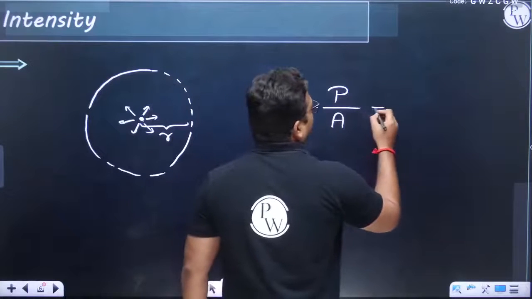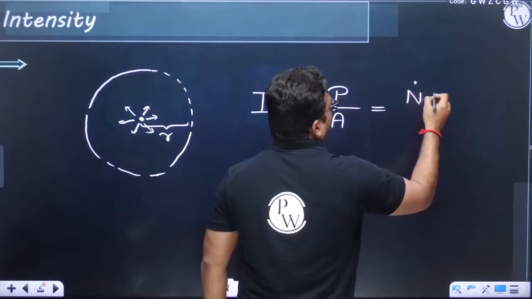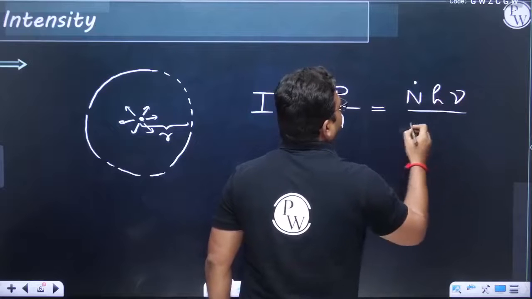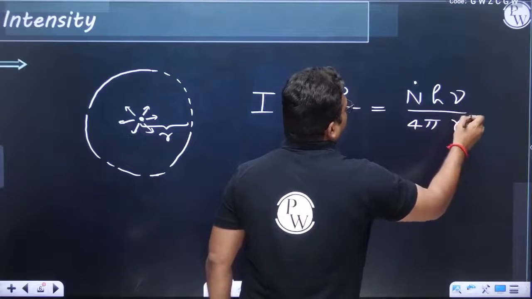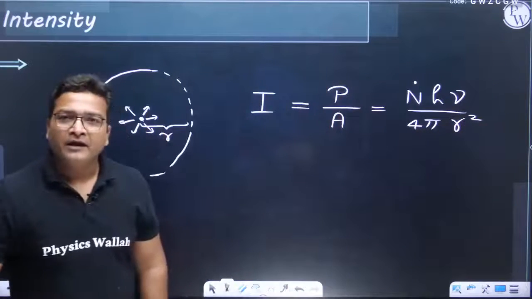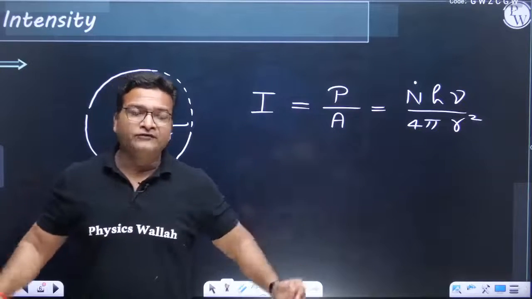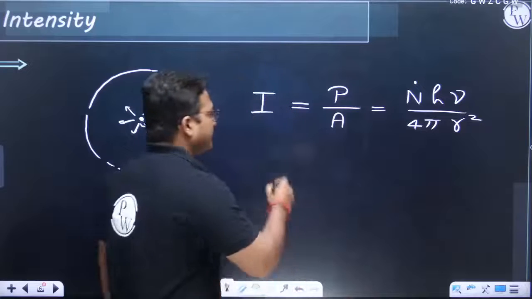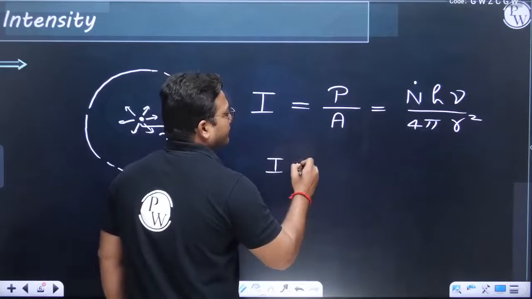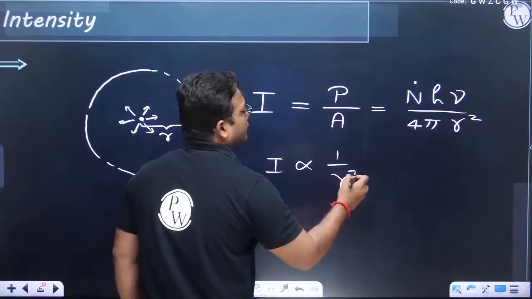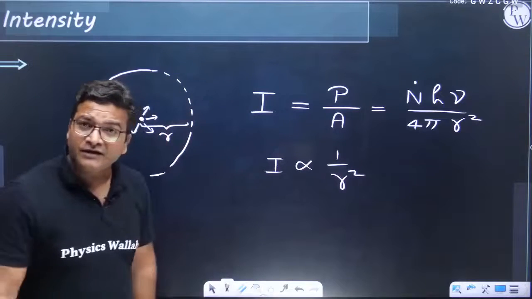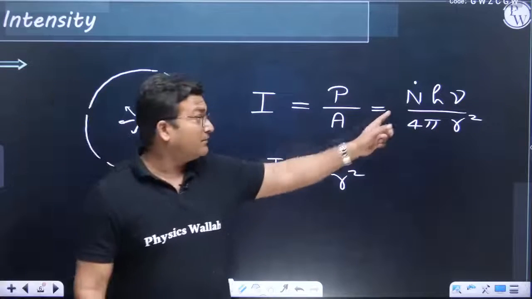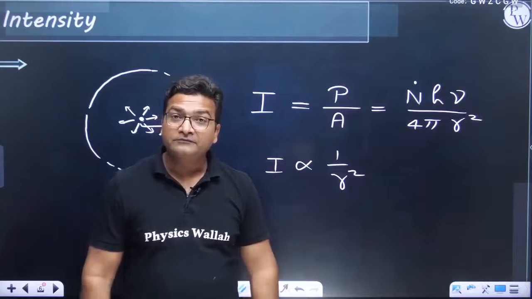As power is n dot h nu and area is 4 pi r square, you all can see that as we move away from the point source, the intensity falls as 1 over r square. And you can also see the intensity is proportional to the number of photons emitted per second.